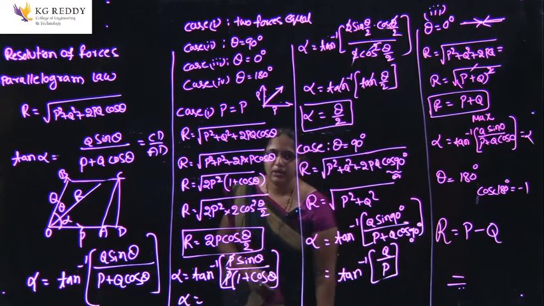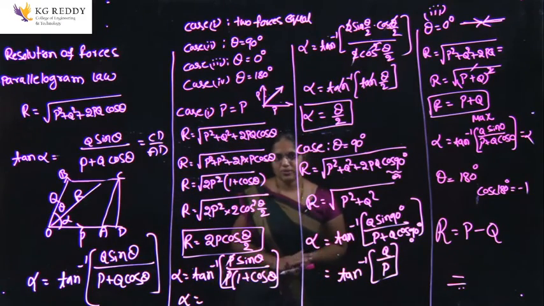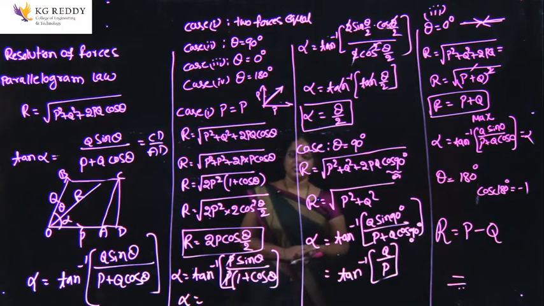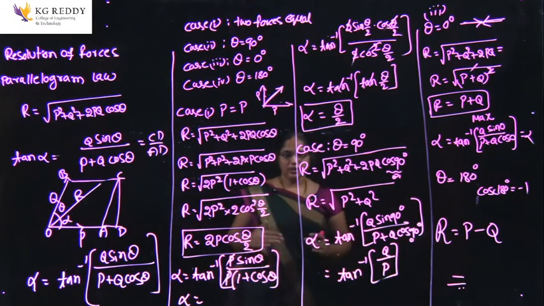So, on the system of forces, here under the coplanar forces, these are the concurrent forces, that means they are acting from the same point and in the same plane. To determine the resultant between the two forces, whenever two forces are acting on the body, based on the parallelogram law we can determine it.